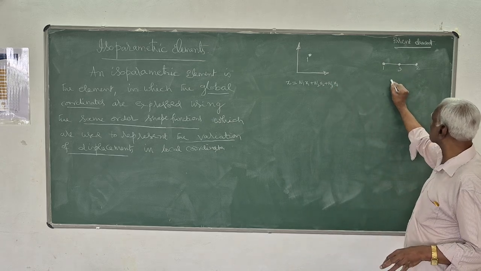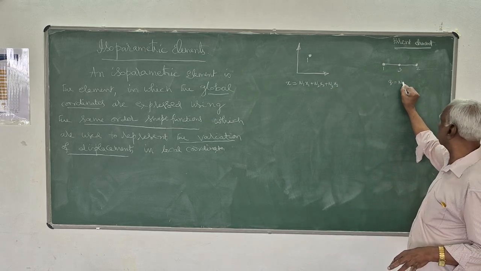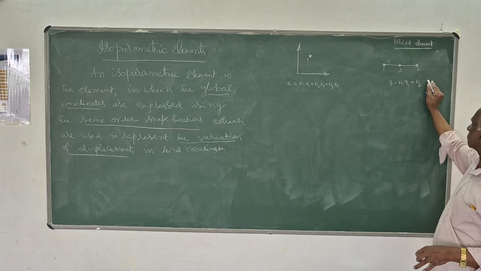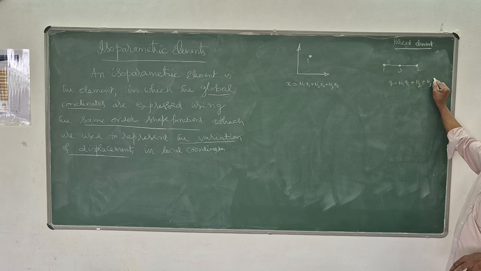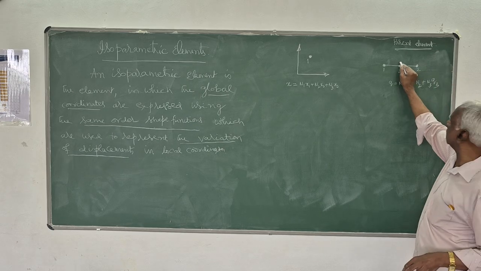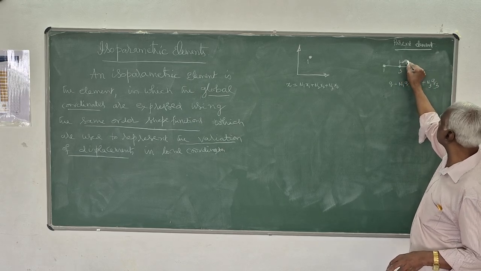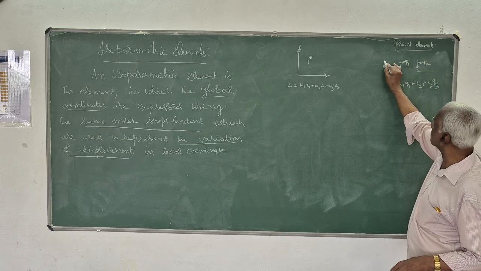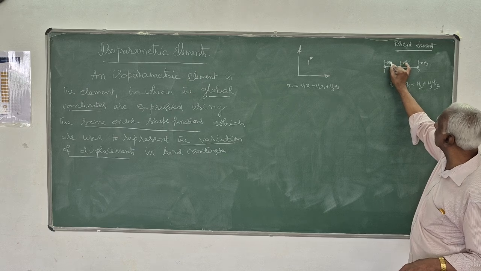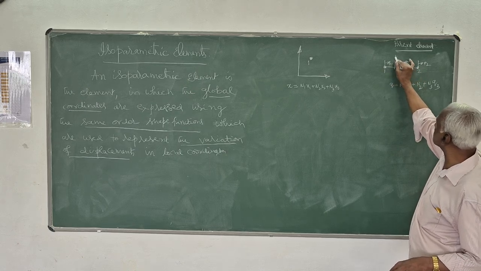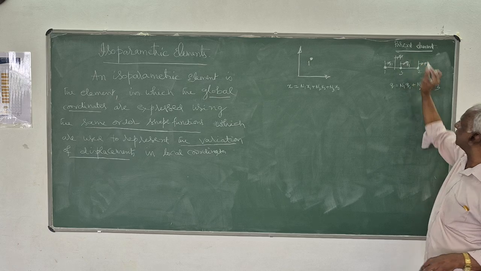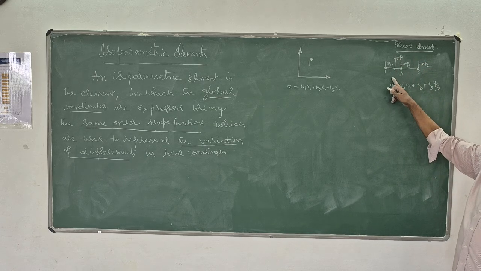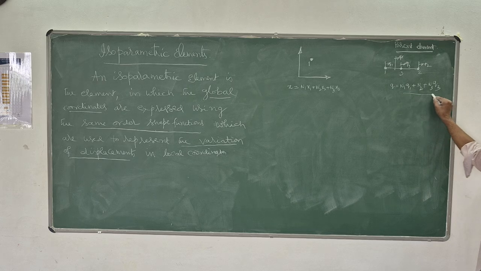Here you have used the shape functions to represent the displacement at any point, N1 q1, N2 q2, N3 q3, where q1, q2, q3 are the displacements at the nodes. If you want to determine the displacement at any point, you can use the shape functions. Displacement at any point Q is given by this formula.